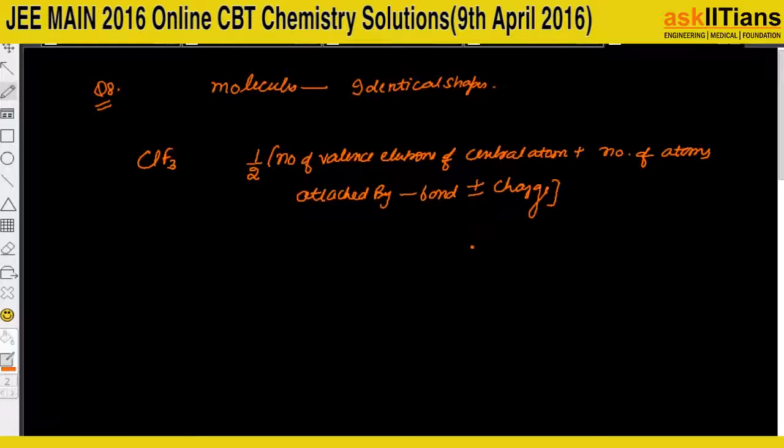Like for example, if there is a positive charge, you need to subtract it, and if there is a negative charge, you need to add it, because for a cation we subtract the charge, for anion we add up the charge.